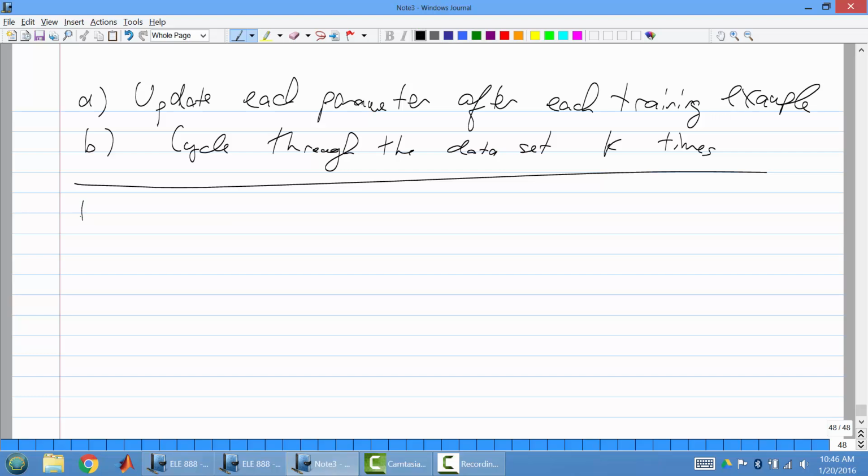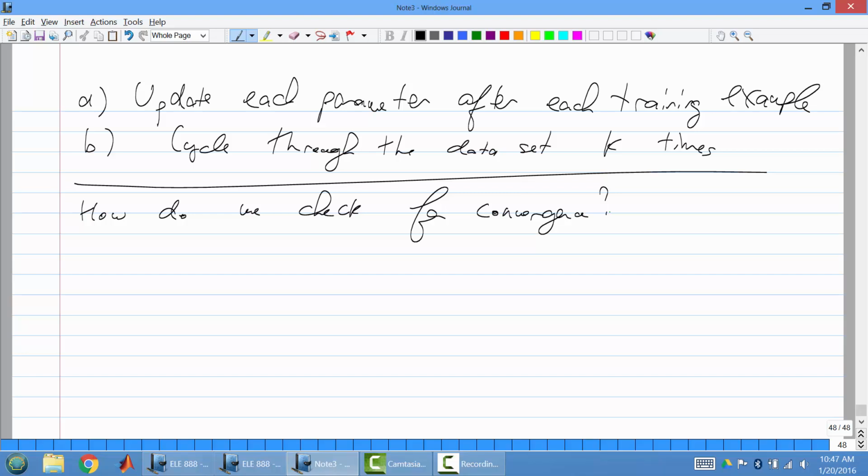Okay. So how do we check for convergence? When you're calculating the cost for batch gradient descent, you're summing over all training examples and seeing how much the cost would be for assigning those parameters to that data set.